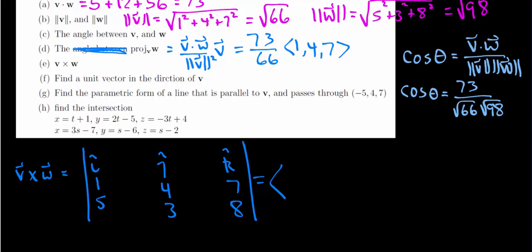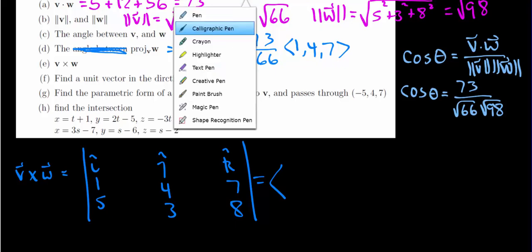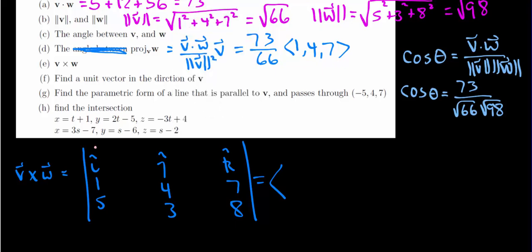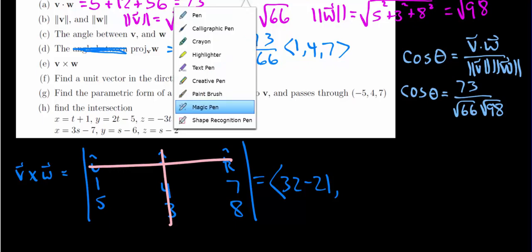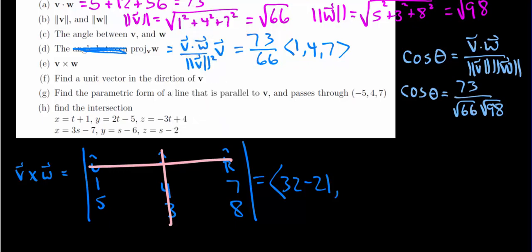So here we go. Remember what we do first: we take out this row and this column, and I'm going to say 4 times 8 minus 7 times 3. Then we take out this row and this column, and we go the opposite way: 7 times 5 minus 8 times 1.